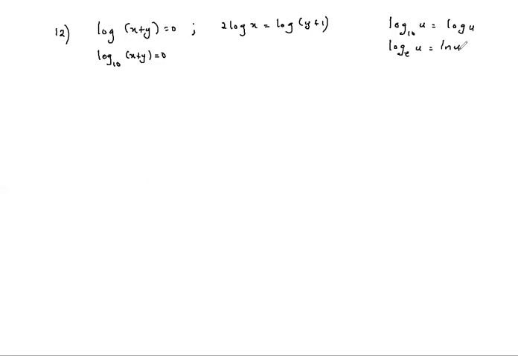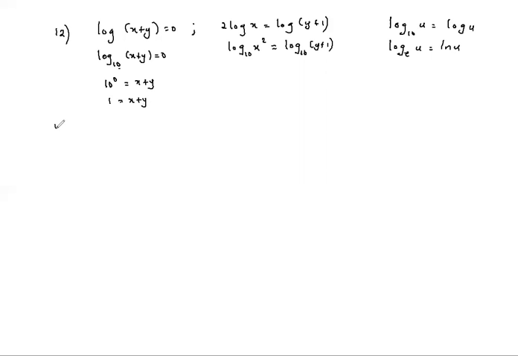Now here we have this, which is the same as log 10 of x plus y, for the left, equal to log 10 x squared over log 10 y plus 1. So on the left, we say 10 to the power 0 is x plus y, implying that 1 is equal to x plus y.